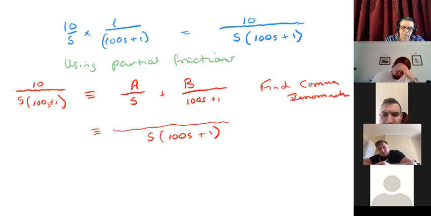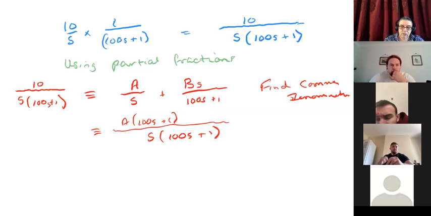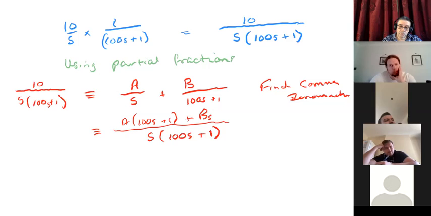So what we do at the bottom, we've got to do it to the top. So we end up with A times 100s plus 1 there. And then over this side, we'd need to multiply this 100s plus 1 by s to get the common denominator. Do you see that? So that's going to be, sorry, plus B times s. Yes or no, all of you? I think I get it, yeah.